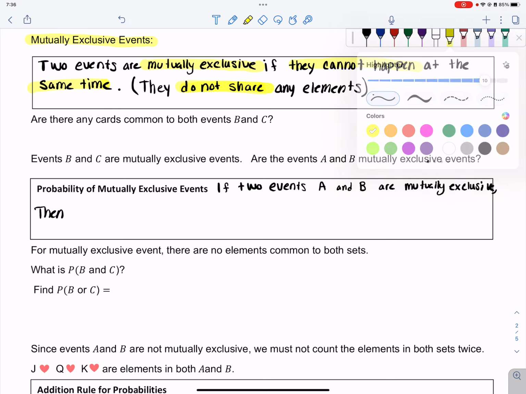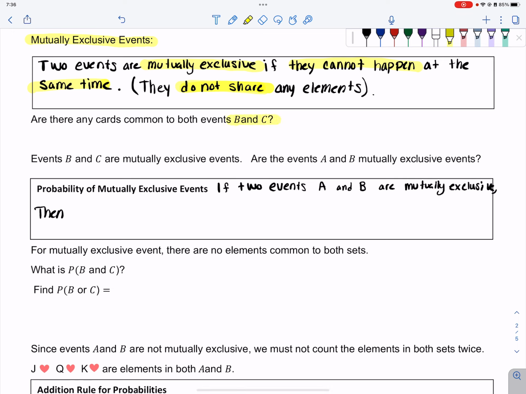So let's think about our two events B and C from the last page. B was the face cards, and C was the black 2, black 3, or black 4. And now I want to know, do they share any cards in common? Are there any cards that they share?